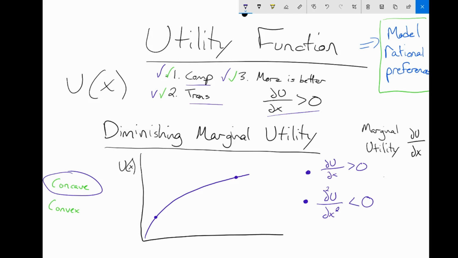And now we have an additional property: the second derivative needs to be negative, so that it exemplifies diminishing marginal utility. Then we can use this model to represent rational preferences.